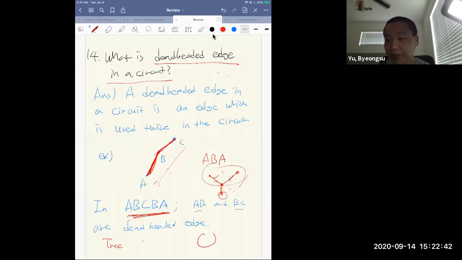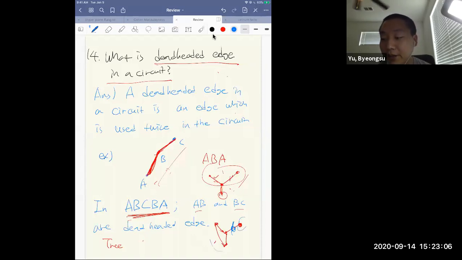So for example, usually in this kind of situation, in this case, only this edge with the blue one is a bridge, because if you just delete it, then it separates this point and the triangle.